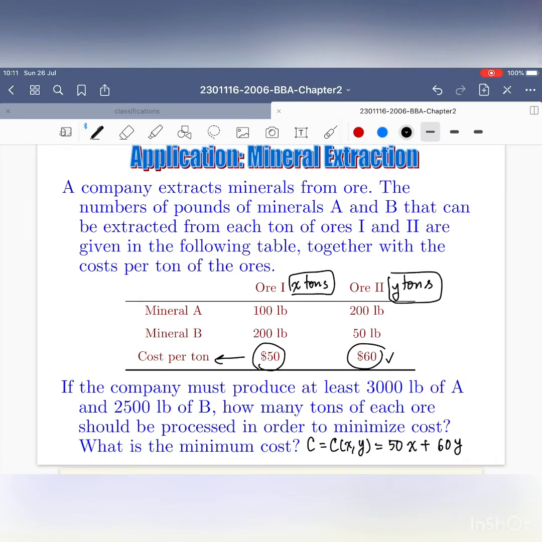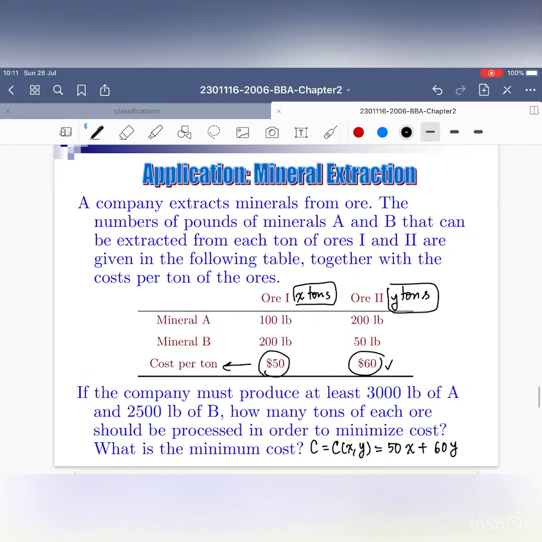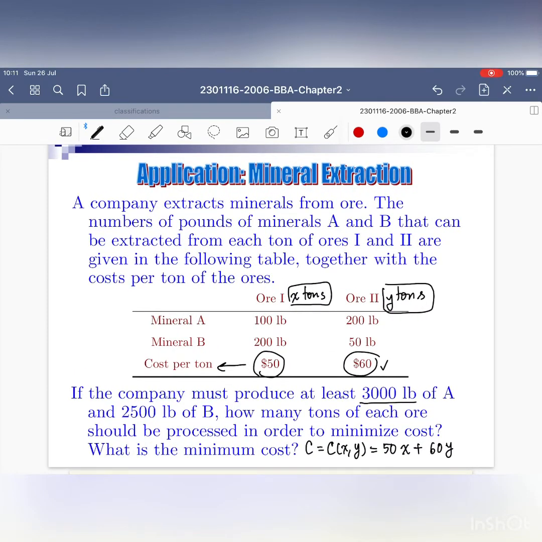However, you need to produce at least 3,000 pounds of the first mineral A. It means that if you use x tons of the first ore, then you obtain 100x pounds of mineral A. You get 100 pounds multiplied by x tons from the first ore, and you have another 200y, because each ton of the second ore gives 200 pounds of mineral A, but you use y tons.